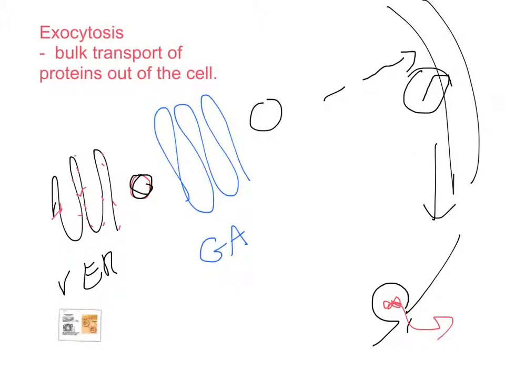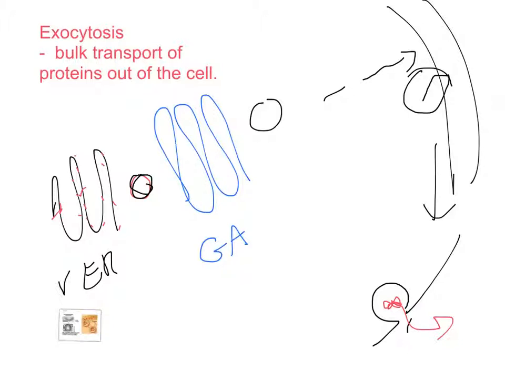Okay, so exocytosis is just movement of bulk materials out of the cell. Questions on transport? All of these, endo and exocytosis, utilize ATP.